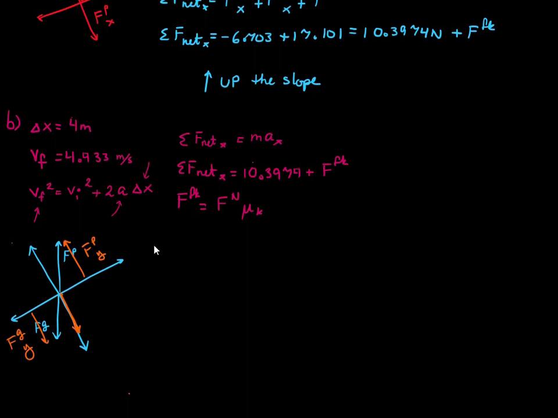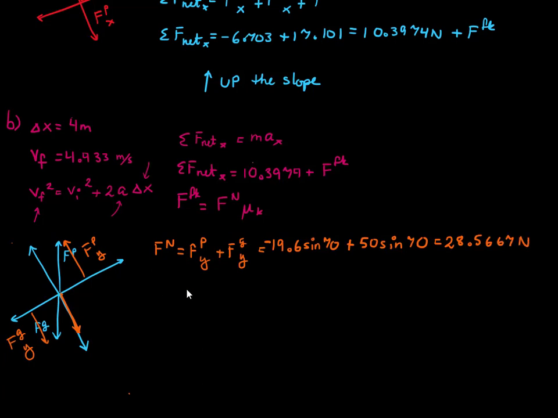So the normal force equals F push in the y direction plus Fg in the y direction, which equals, instead of cosine now, we just do sine, 19.6 times sine of 70. But remember, that's downwards, so that's going to be negative, plus 50 times sine of 70, and that comes out to 28.5667 newtons.